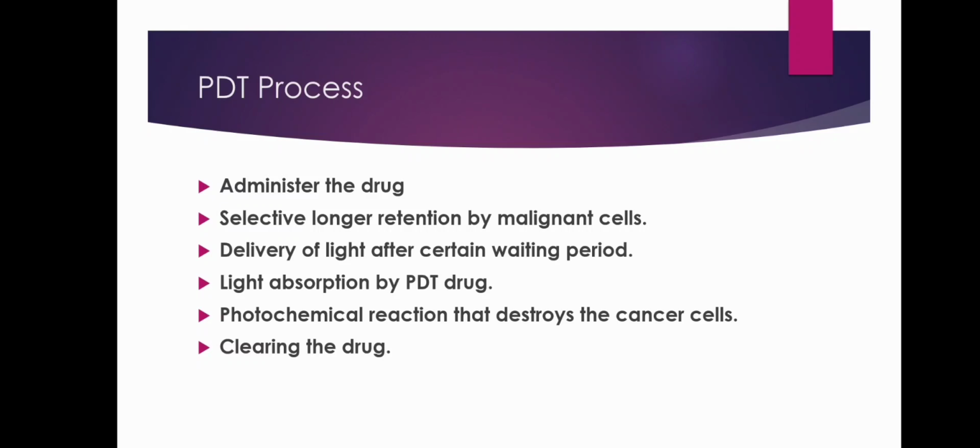After the waiting period, we'll apply the light of a particular wavelength to activate the photosensitizers, and that wavelength will depend on the type of photosensitizer used. So depending on the characteristics, we'll use a particular wavelength of light, and this light will be absorbed by the PDT drug, and there will be photochemical reactions which will destroy the cancer cells.